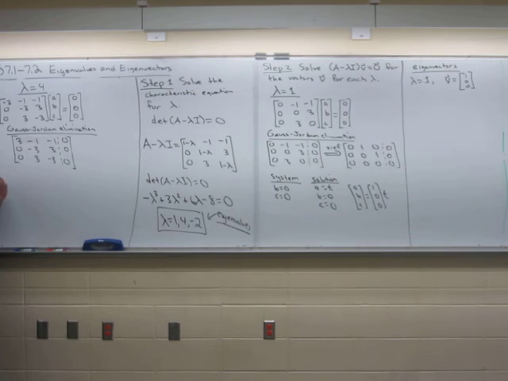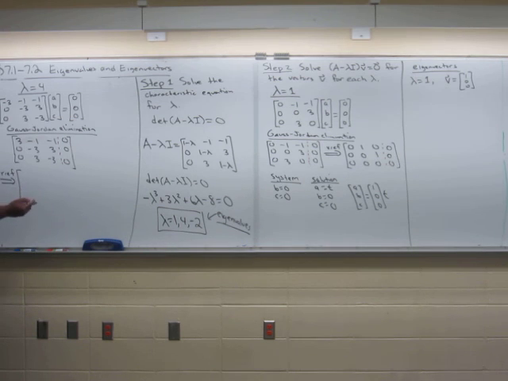The reduced row echelon form of this. Do I have it here? I gotta make sure I have the right thing. If I did it correctly, and I don't have it on here.